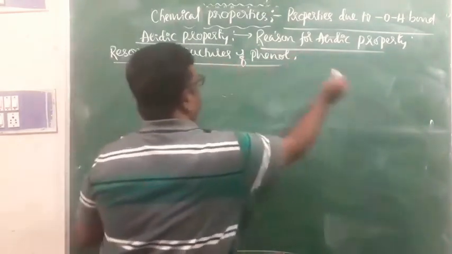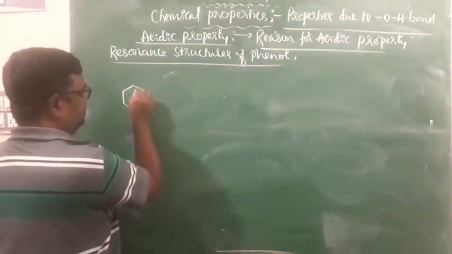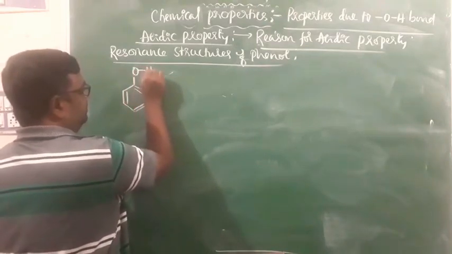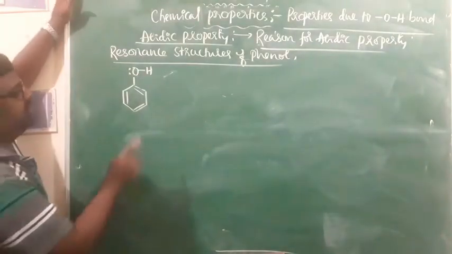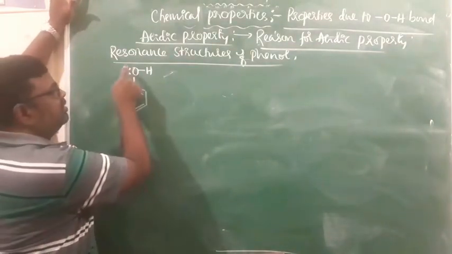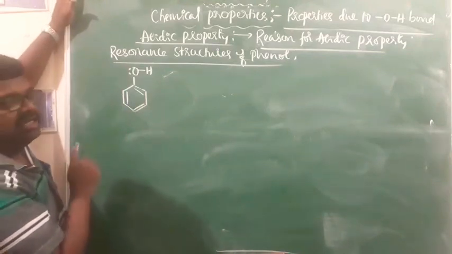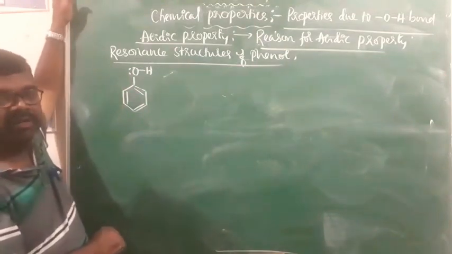First, we'll see that. Look at this phenol. You already know how to write resonance structures from first PUC. There is a conjugation between pi electrons of benzene and lone pair of electrons of oxygen, because for the resonance effect to take place, there should be a conjugation between lone pair of electrons and pi electrons.